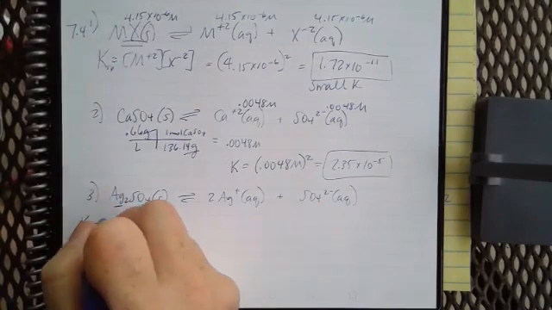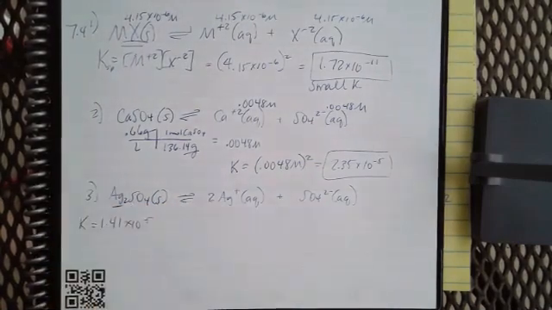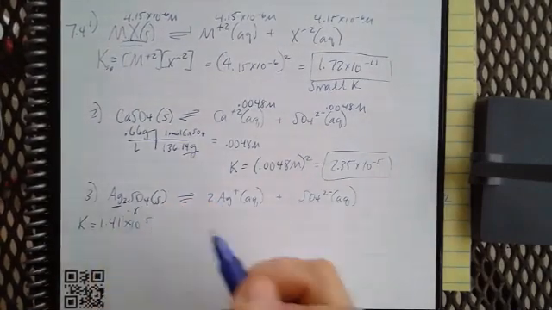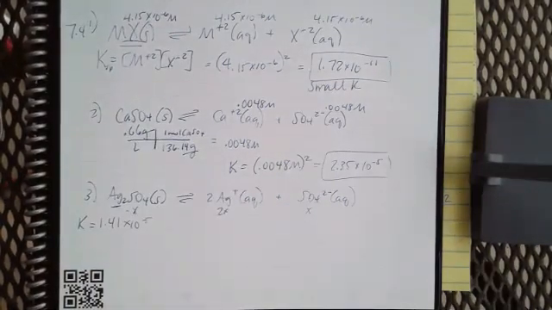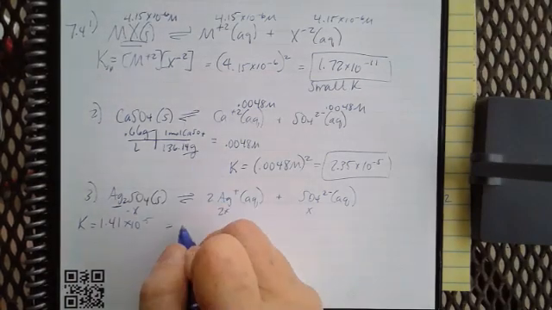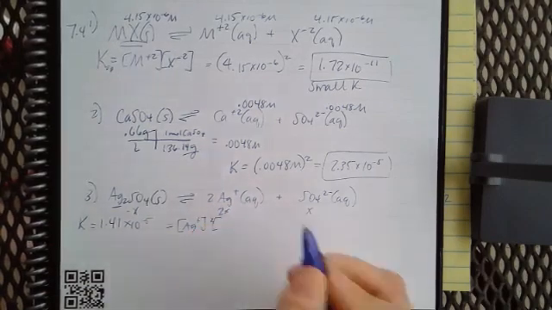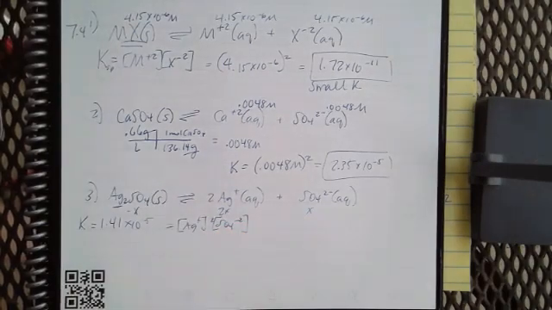K was given 1.41 times 10 to the minus 5th. I don't know what the solubility is. That's X. So that's going to be 2X, and that's going to be X, right? So when I plug this into my expression, it's going to be concentration of silver squared, because I have 2 of them, times the concentration of sulfate.